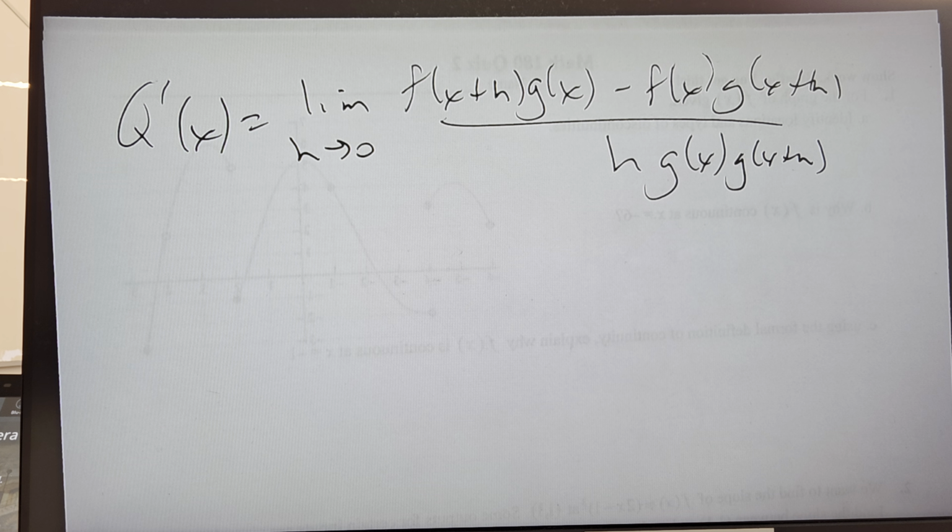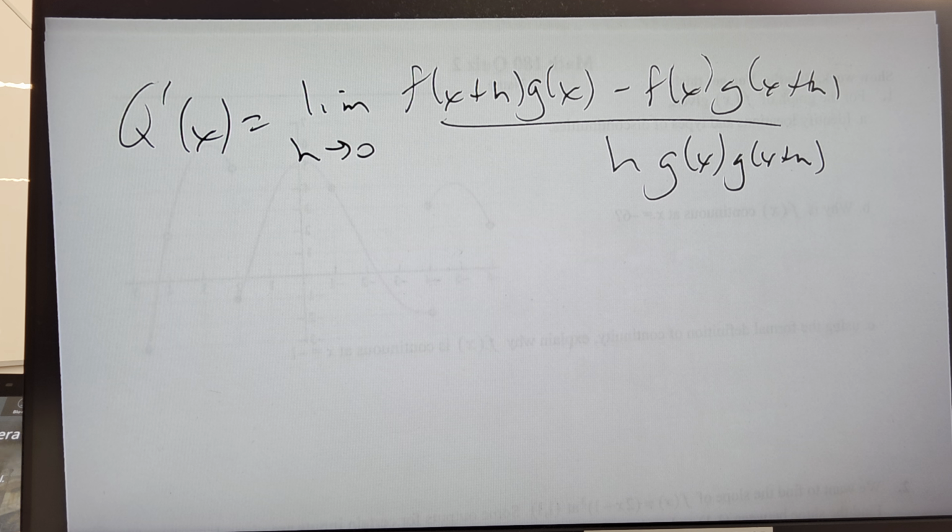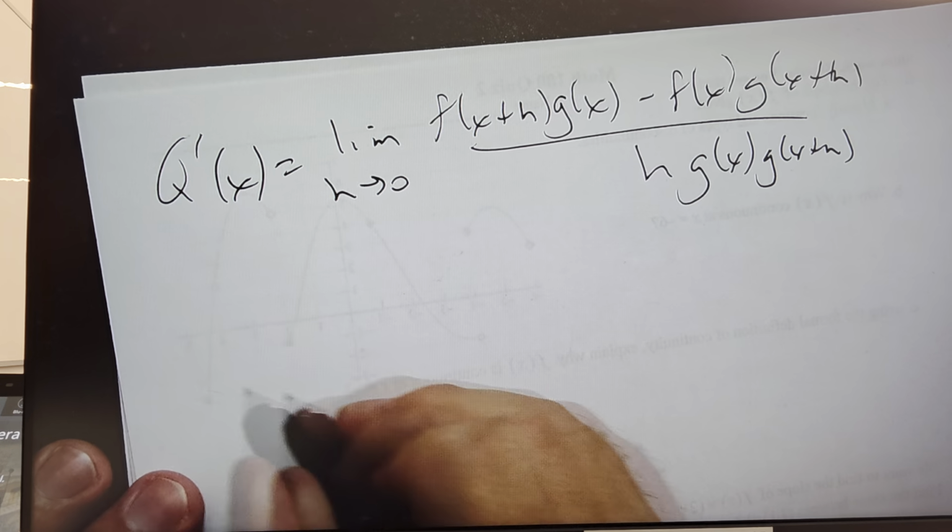Not yet. I could, but it wouldn't get me anywhere. I wouldn't have f of x plus h minus f of x. If I just broke this into this over this minus this over this, that would do nothing for me. In fact, the g of x and the g of x plus h would just cancel again. Okay, so here's what I'm going to do.